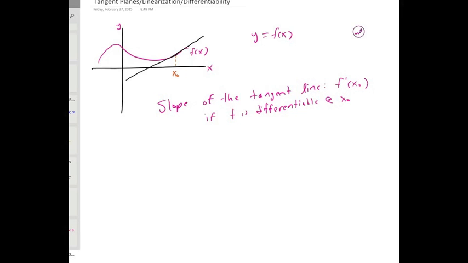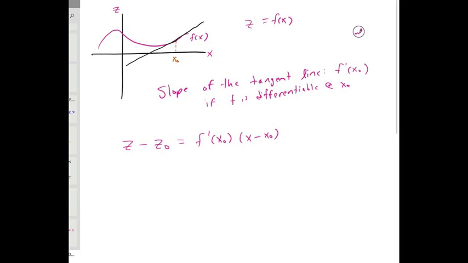So the equation for this tangent line, let's actually change this axis to z, because we're going to use z for heights now in multivariable calculus. The equation for this tangent line would be z minus z0 equals f prime of x0 times x minus x0. And you can see this kind of makes sense.